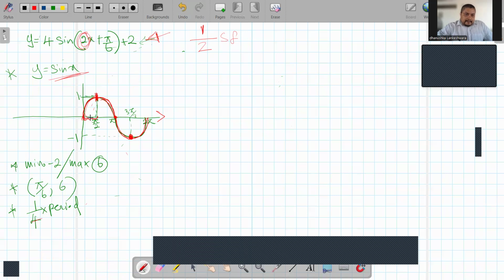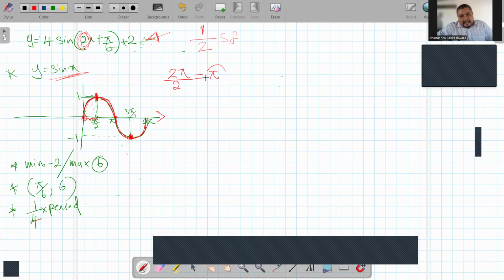Okay. So y equals sin x gives period 2 pi. Now here, since scale factor is half, this 2 pi period is going to be half. So then it is pi.